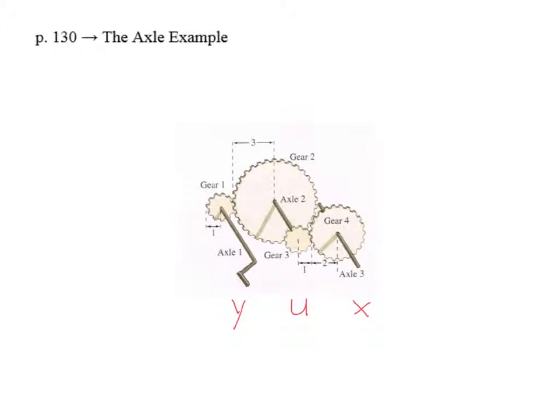Also keep in mind that circumference is 2 pi r, so the circumference of gear 1 would just be 2 pi, the circumference of gear 2 is 6 pi, gear 3 is 2 pi also, and gear 4 would be 4 pi. So we can use these to figure out what the rates would be.